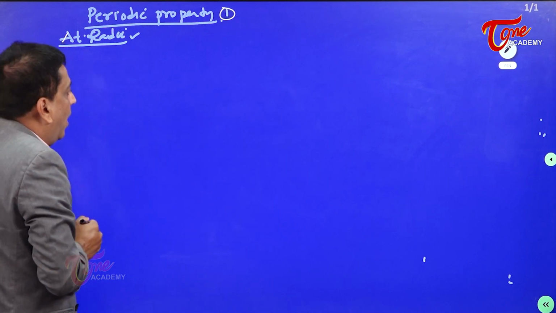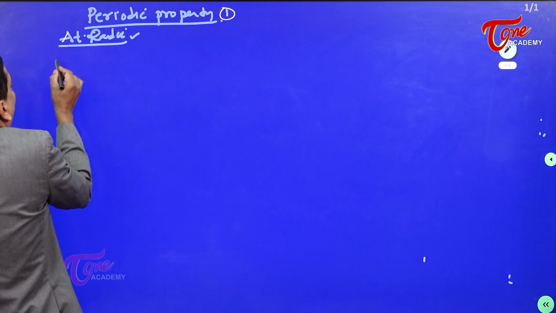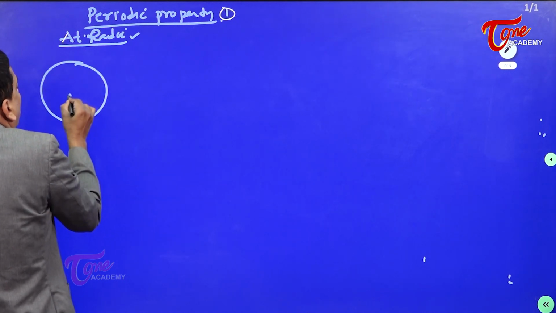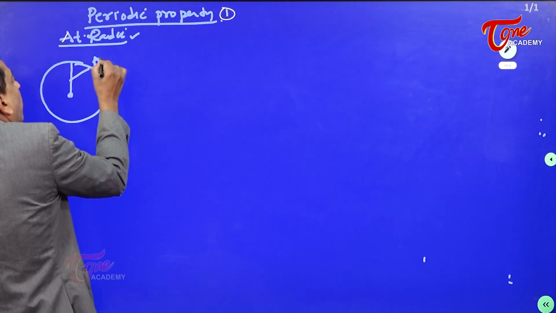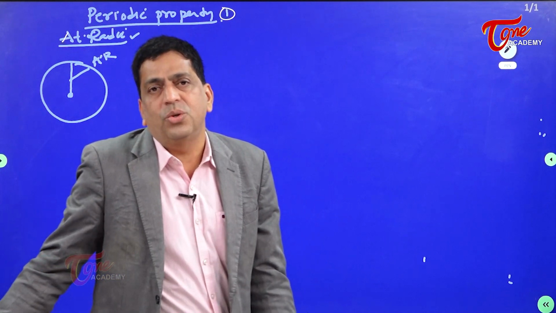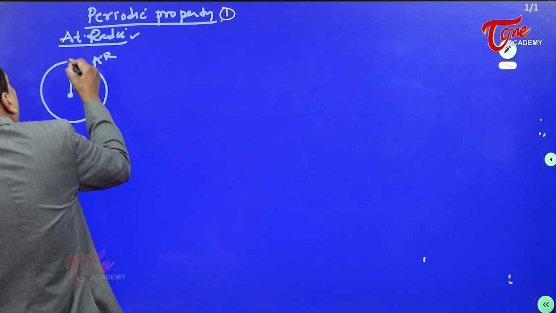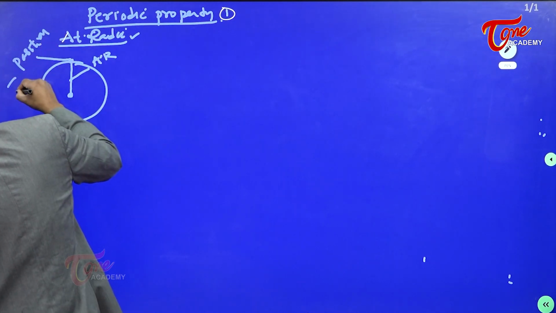Now the issue is in atomic radius, first here is an atom, nucleus, and he wants this distance. This is called atomic radius. But this is difficult for the simple reason that its position, the electrons, is impossible to find.